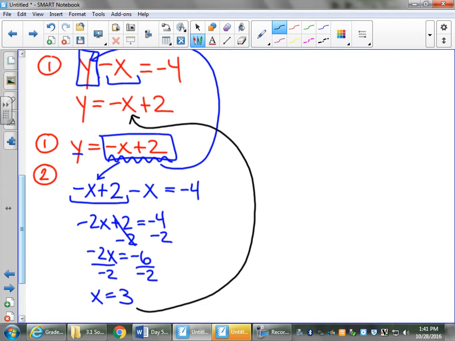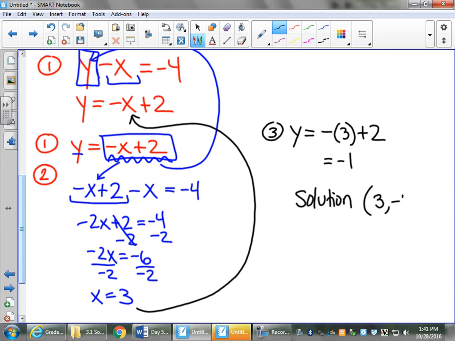The reason being is if I already have x, I'm trying to find y, and the y is already isolated in that equation. So step 3, I'm going to have y equals negative, then I'm subbing in 3, plus 2, and negative 3 plus 2 is negative 1. So my solution is going to be 3 comma negative 1.